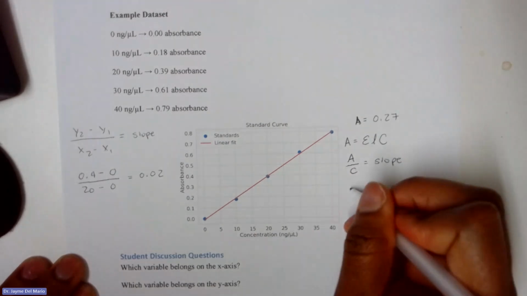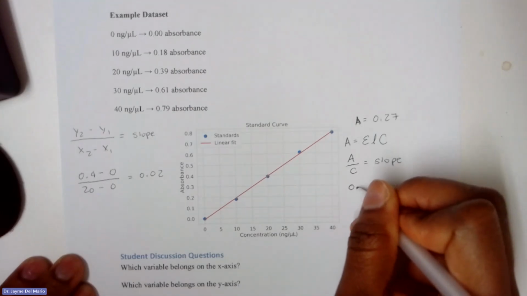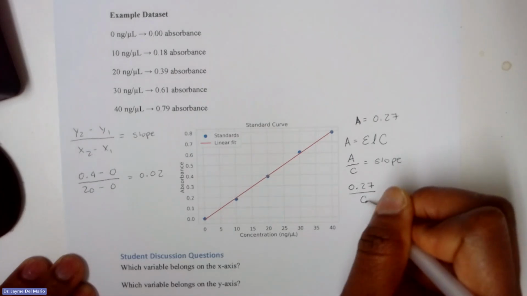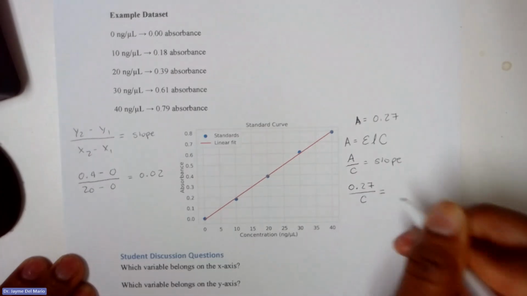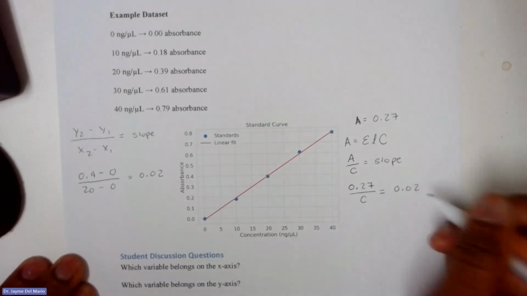So let's just do that. The absorbance that we were given is 0.27 over the concentration, which we're trying to find, equals the slope value that we just got, 0.02.